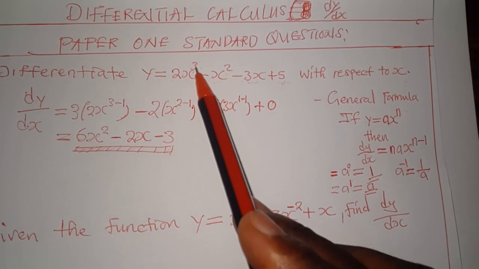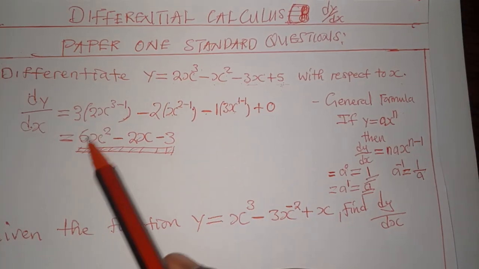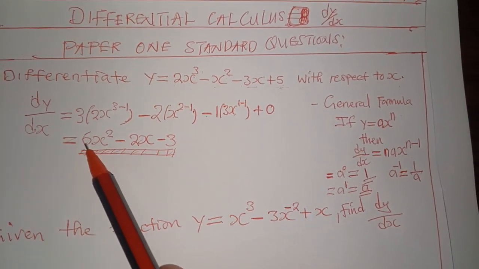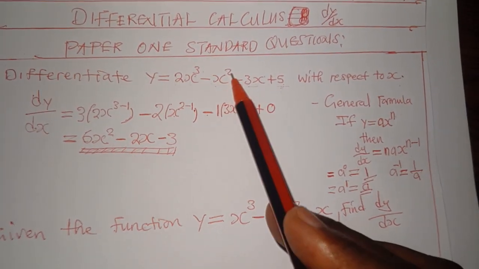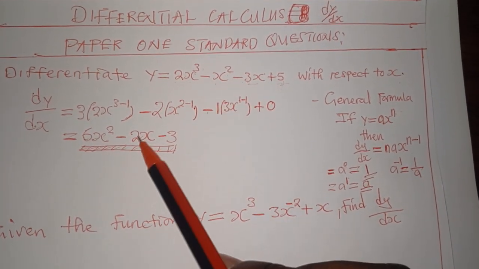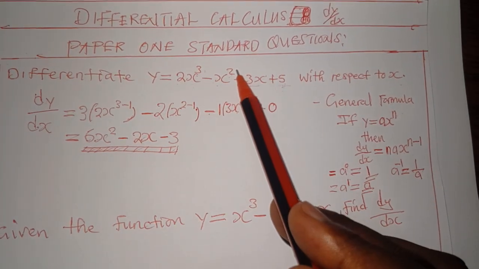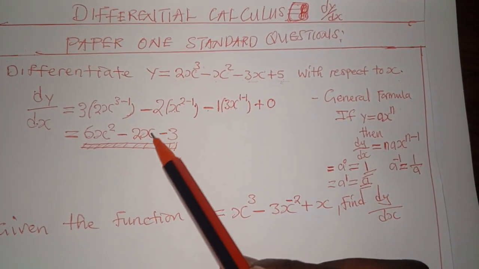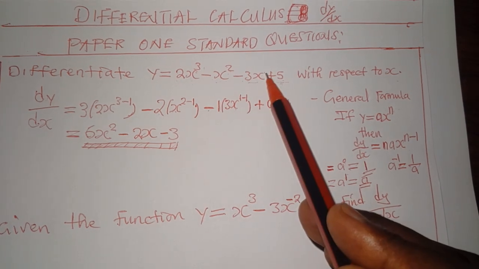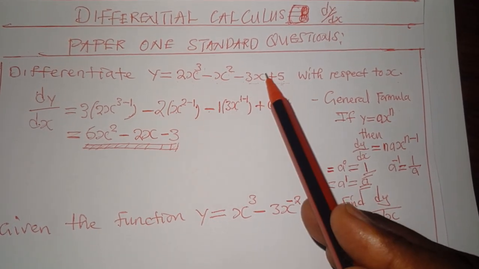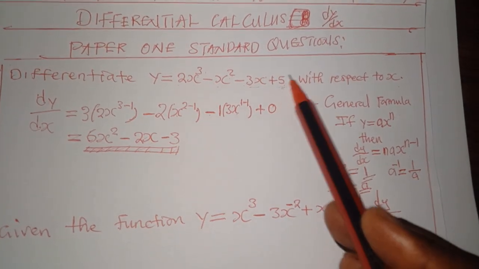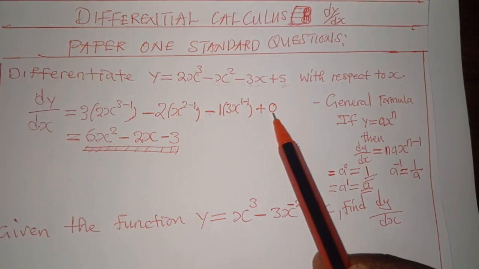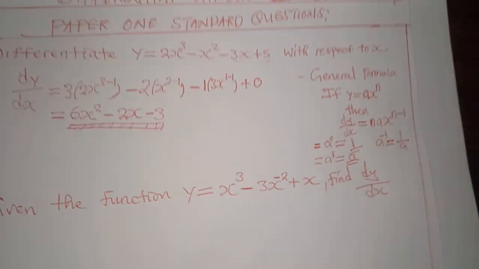As you can see, we are just multiplying 3 times 2, that is 6x. 3 minus 1, that is x to the power 2. 2 times x, 2x. 2 minus 1, x to the power 1 is x itself. Here, 1 times 3, it's 3. 1 minus 1, 0. x to the power 0 is 1. Dy dx of any constant is 0. So that is how it has come to be there. Let's hope we have followed that.